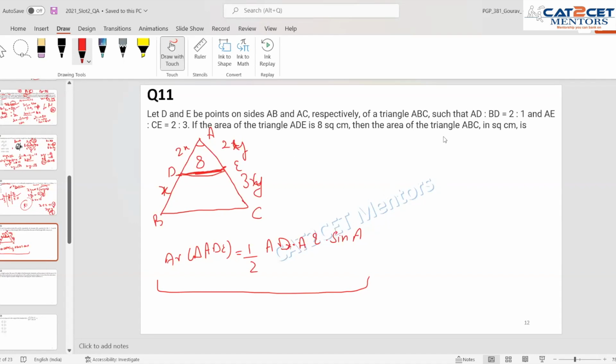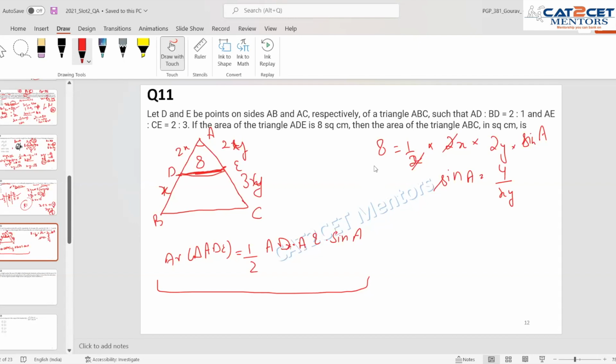So for triangle ADE, area equals 8 and length of this AD equals 2x and length of AE is equal to 2y, and let's say sin A as sin A. So the value of sin A will come out to be 4 upon xy.